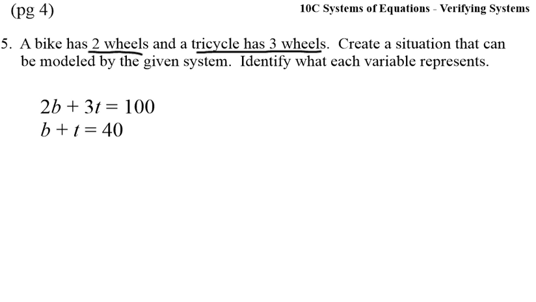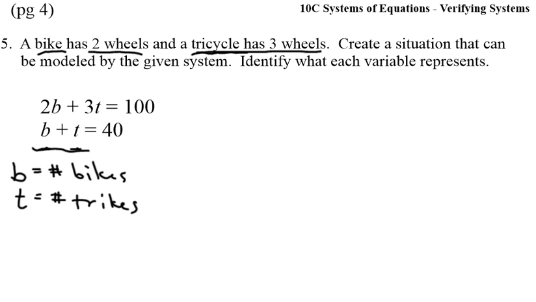Well, in this case, we have bikes with 2 wheels and we have trikes with 3 wheels. Well, the fact that the variables are b and t can be a bit of a clue, because what does it tell us here? Well, this is just combining things, so we could say that b is the number of bikes and t is the number of trikes.